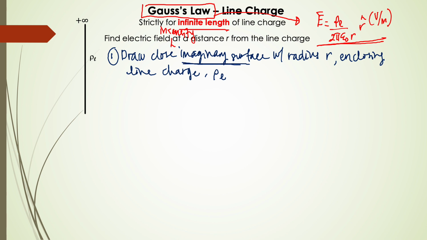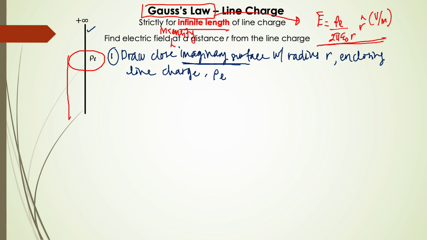So what is the appropriate imaginary surface that we can use in order to suit this electric source, which is the line charge? The appropriate imaginary surface that suits our electric source, the line charge, is a cylinder.